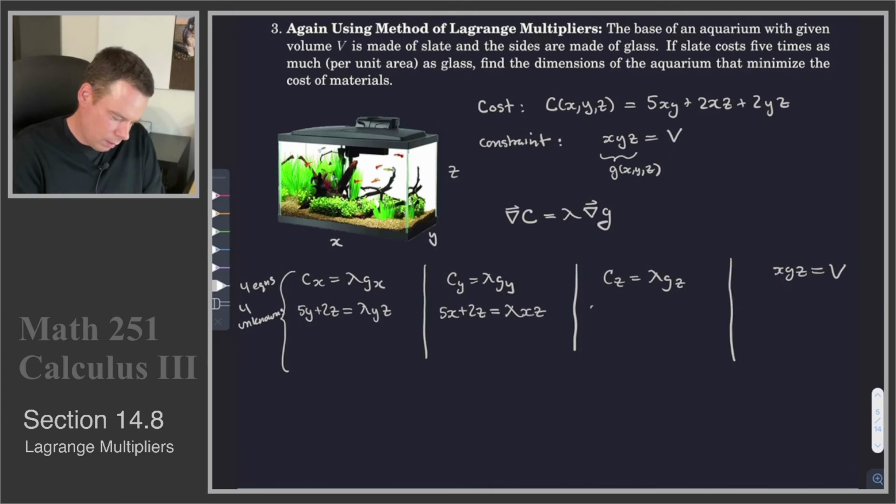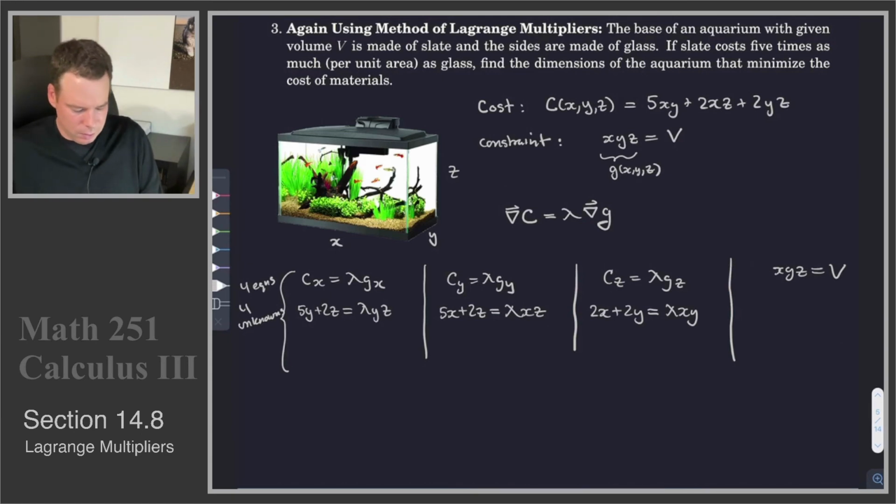C sub z is 2x plus 2y, equal to lambda g sub z, so that's lambda xy. And then we've got our xyz is equal to V. So these are our 4 equations. 4 unknowns are x, y, z, and lambda.